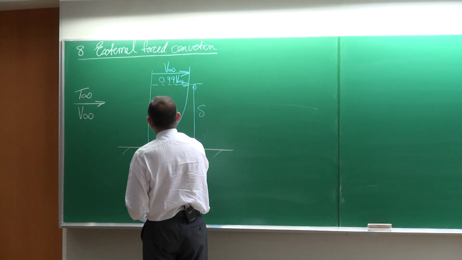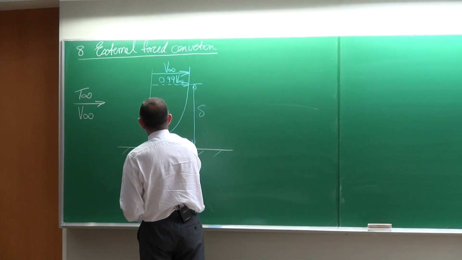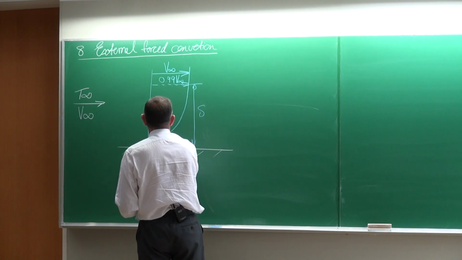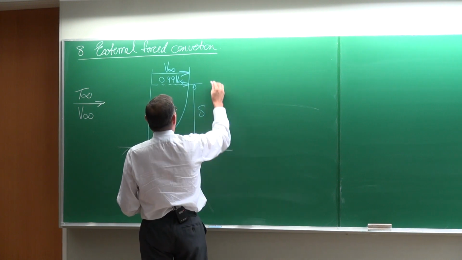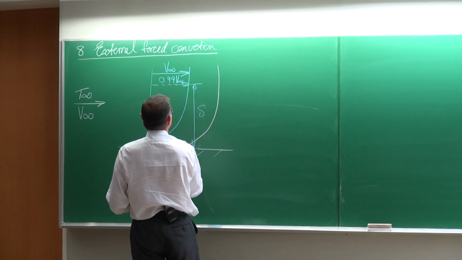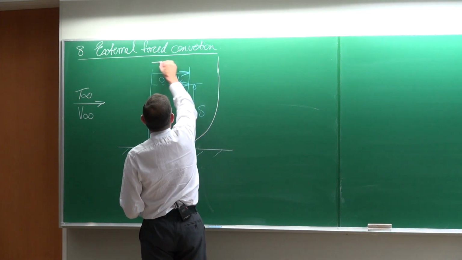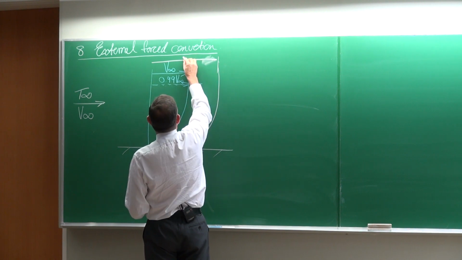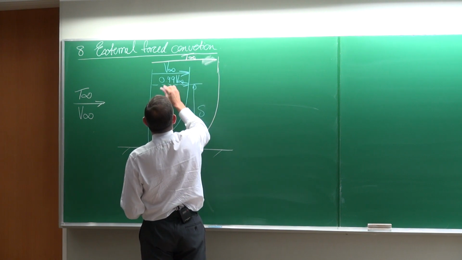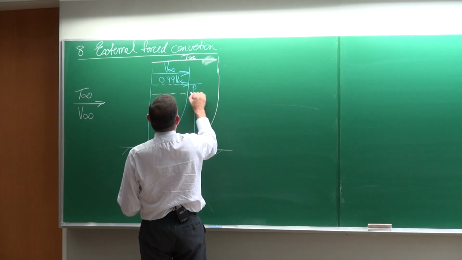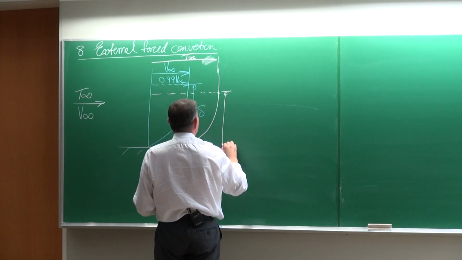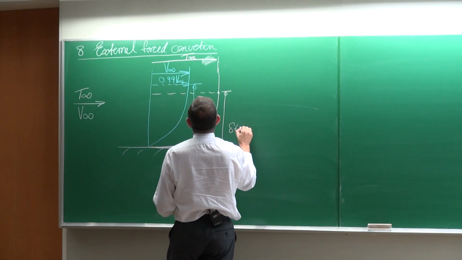Then the same with the temperature distribution. If we want to look at the temperatures, let's suppose that is the temperature on the wall, and this is then the temperature distribution. Then we're going to have that temperature there, T infinite, and somewhere we are going to have 99% of it, and that's going to be the thermal boundary layer thickness.